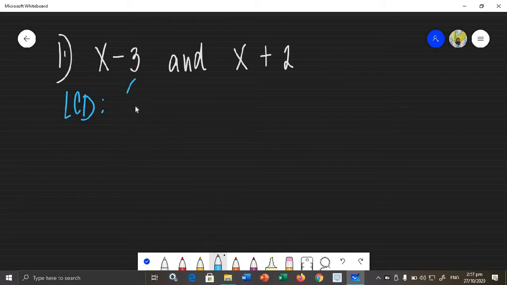Okay? So just combine the two, quantity x minus 3 and then quantity x plus 2. And that will be the LCD of the denominators of the given rational algebraic expression.